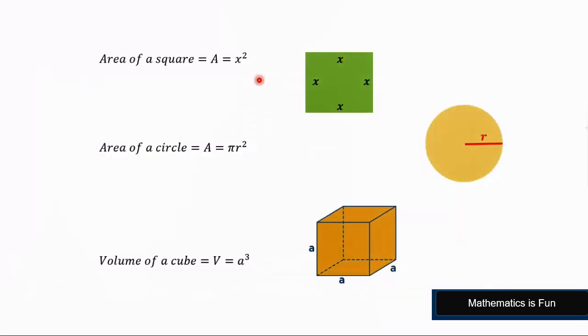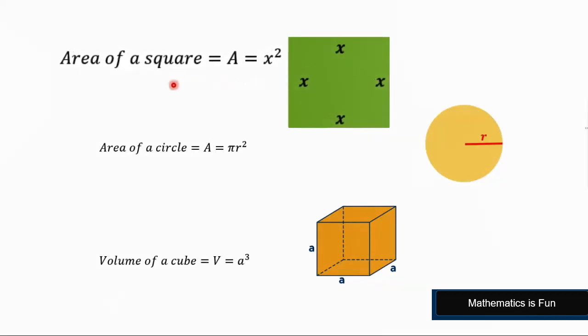Here we have three examples of single valued functions which you have studied in calculus. In the first example, we have the formula for the area of a square, which is x squared, and x is the length of each side of the square. You already know that the length of each side of the square is the same.